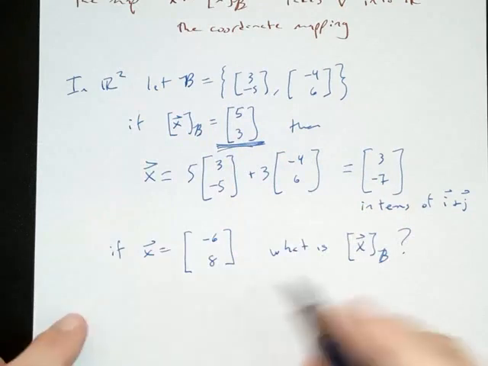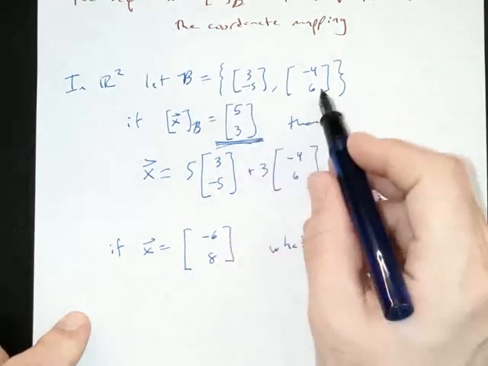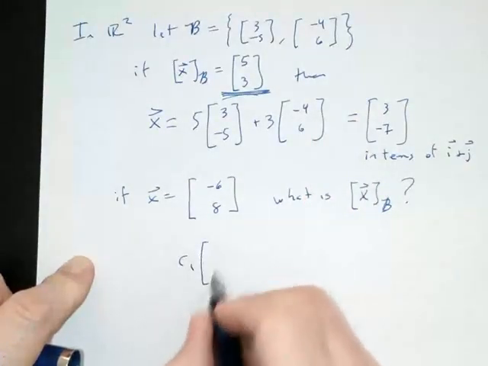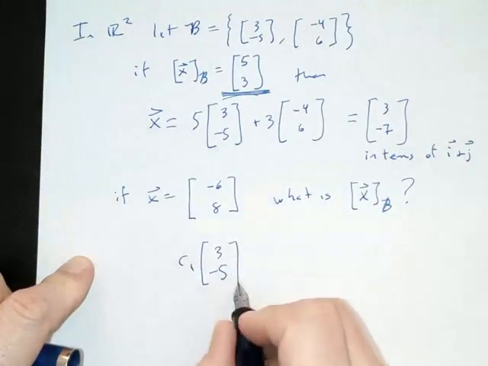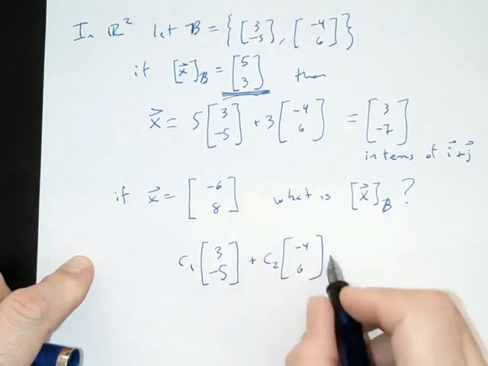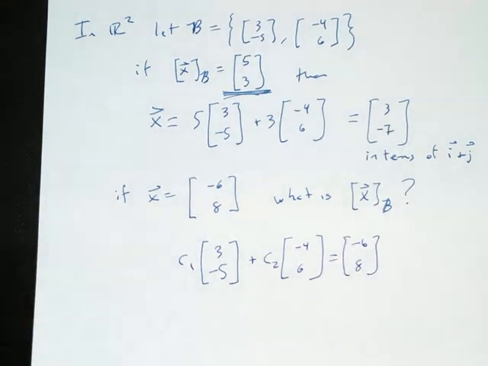I know that it's going to be some number times the first vector plus some number times the second vector, right? How do I find C1 and C2?